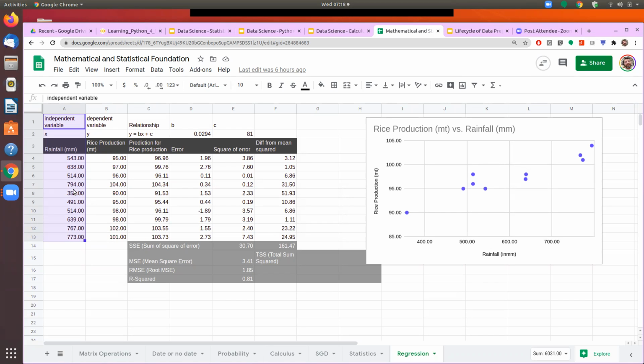In the housing data set that we have, there are several independent variables like the total rooms, total bedrooms, the income profile of the people living there, the location of the house, whether it is near the bay or inland, and the latitude and longitude. So in that case, we have several independent variables based on which we want to make the prediction for the house. But to start with, we will take only one independent variable, which is the rainfall.